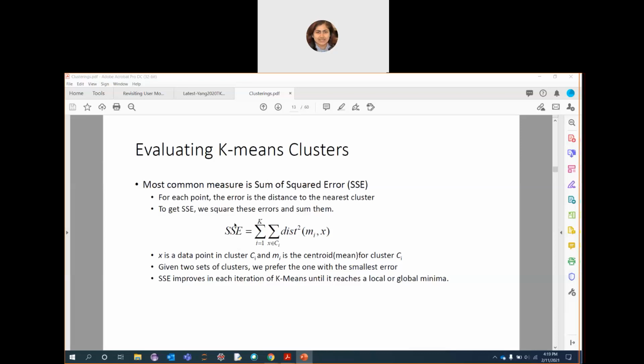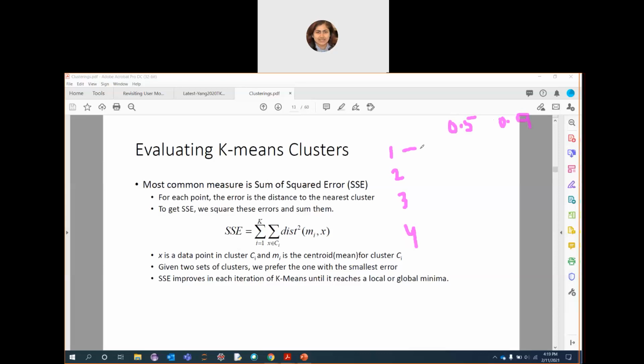Let's say you have a data set with some data points, 4 data points here. Again, you have the centroids of the data points, let's say at 0.5 and 0.9. Let's say you have two different centroids, meaning the central point of a cluster.